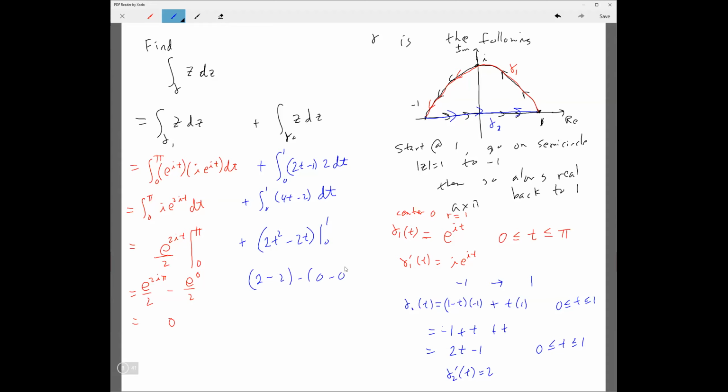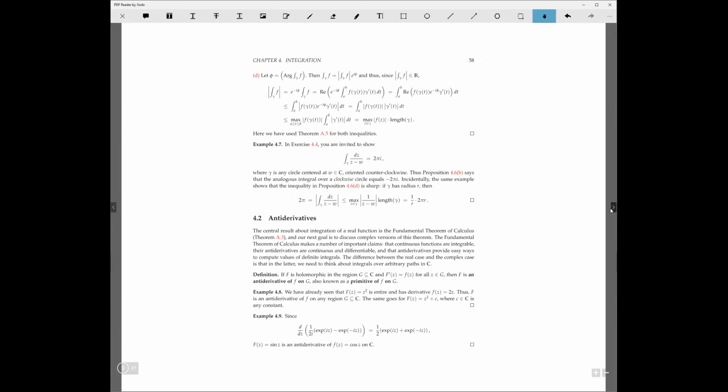Subtract and put 0 in, you get that. So that's also 0. Whoa. It's all 0. Wow. I'll show you an easier way to do this in a minute. But that was a lot of work, right? There's an easier way.